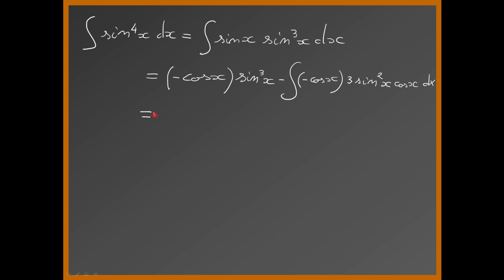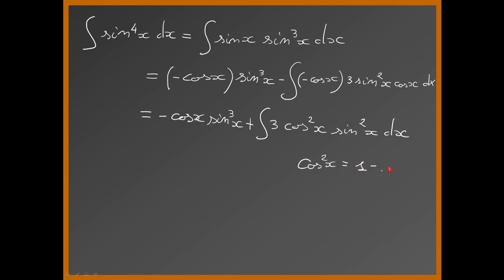Reworking this out, we get minus cosine x sine cubed of x, plus the antiderivative of 3 times cosine squared of x that multiplies sine squared of x. Again, we should use the trigonometric identity cosine squared of x equals 1 minus sine squared of x.